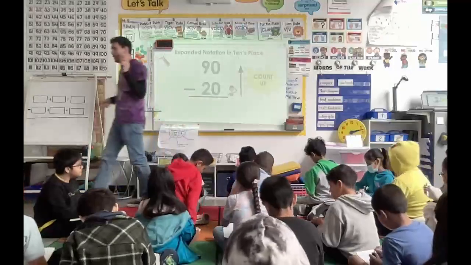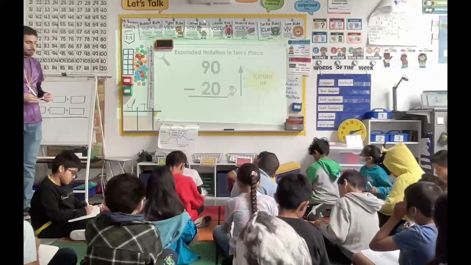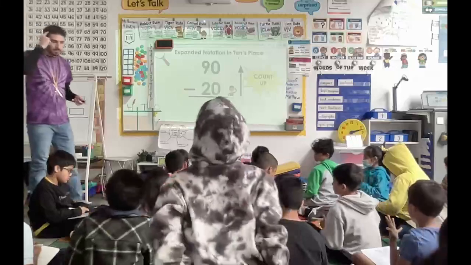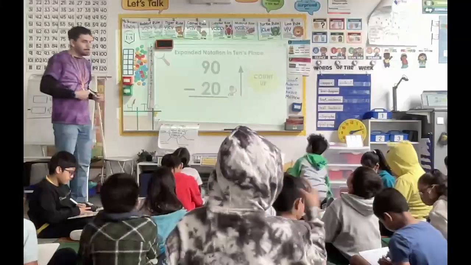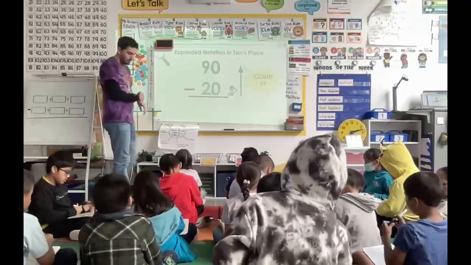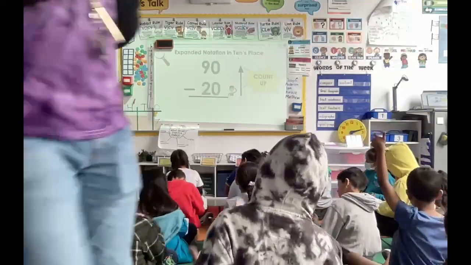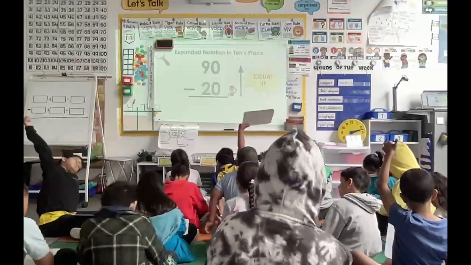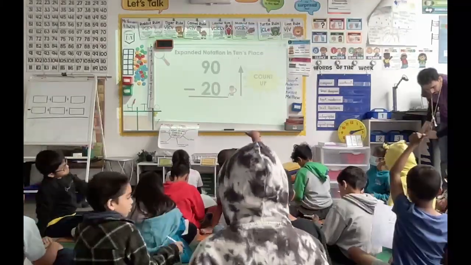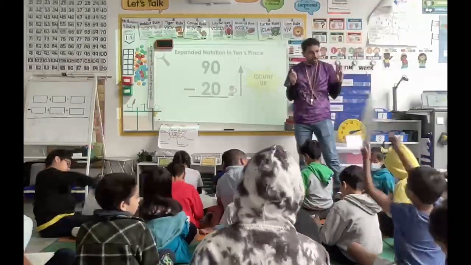So write 90 minus 20 and practice counting up. Show me your whiteboards in 3, 2, 1, show me.